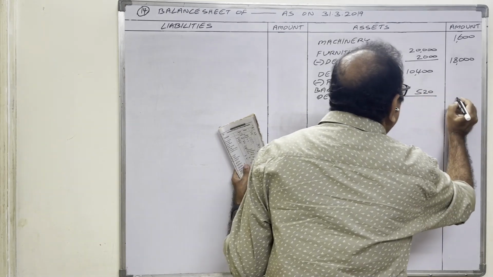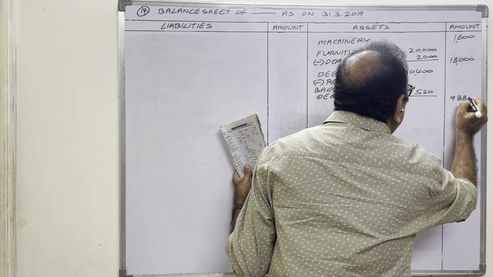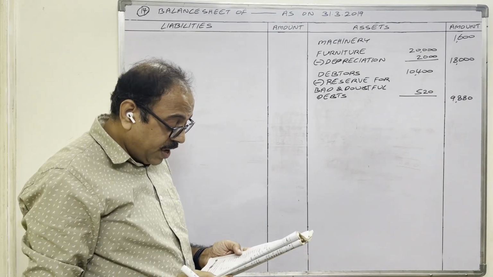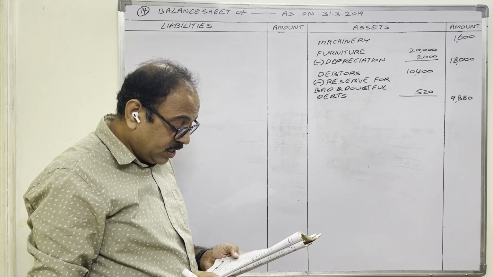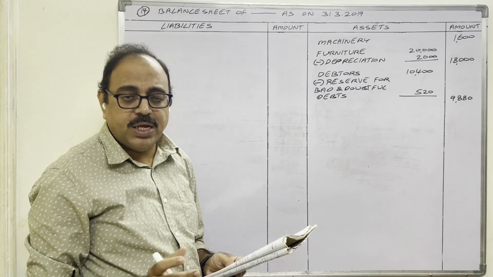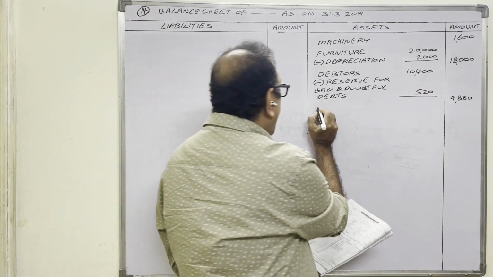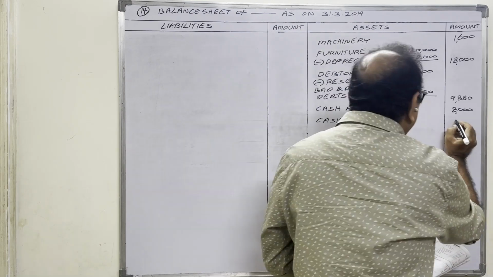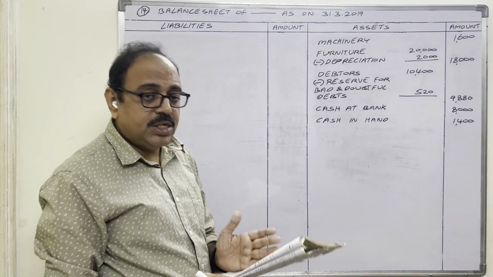Net amount in the outer column, 9,880. Come to the trial balance debit side. After debtors: carriage, salaries, carriage on sales, rent and taxes, cash at bank, cash in hand. Both are assets, no? Cash at bank 8,000, cash in hand 1,400. So the trial balance debit side is completed.